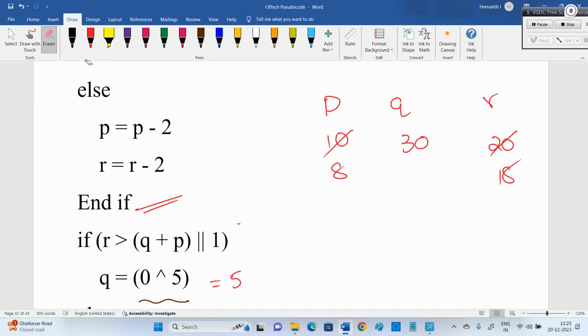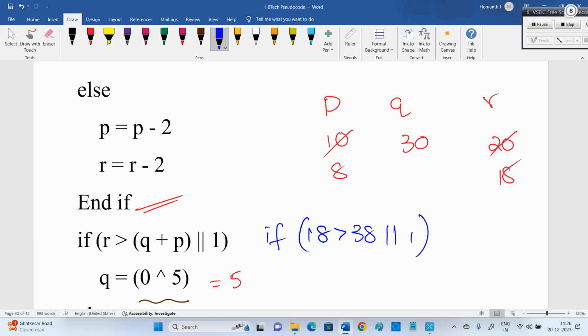This condition is actually: if 18 greater than 38 OR 1. See, inside the if, 1 means we can enter. 18 greater than 38 fails.